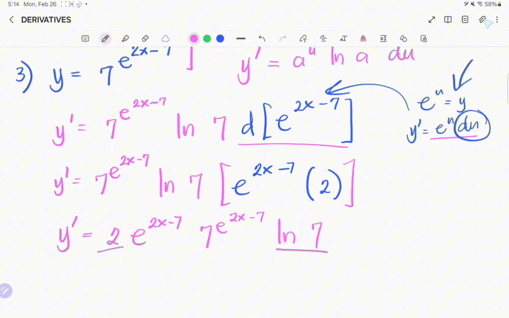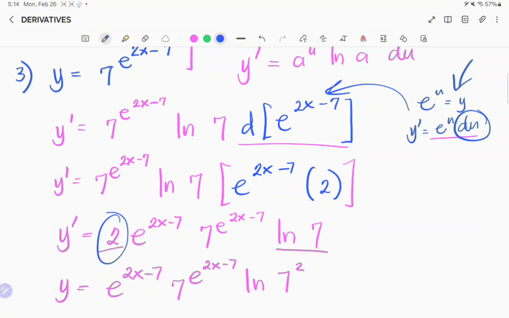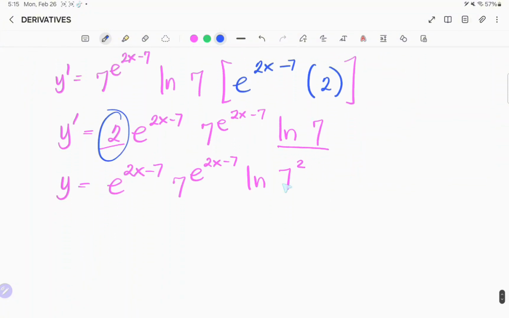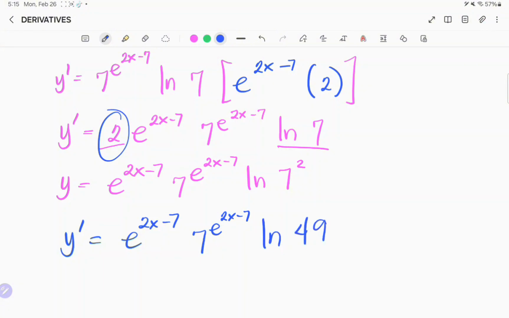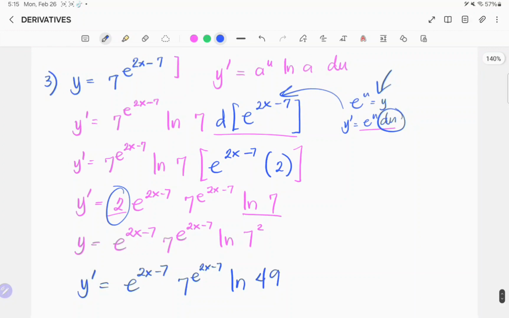So rewriting it, it will become y prime equal to e raised to 2x minus 7, 7 raised to e raised to 2x minus 7, and ln of 7 raised to 2. So that's the numerical coefficient that becomes the exponent of 7. So simplifying, ln of 7 raised to 2 will give us y prime equal to e raised to 2x minus 7 times 7 raised to e raised to 2x minus 7 ln 49. So that's the derivative of the given function.